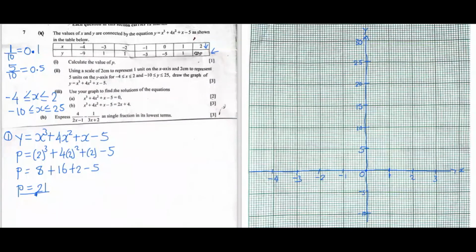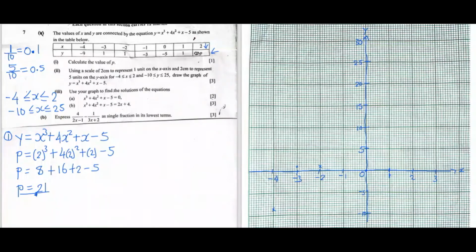Now we can start plotting. The first one is (-4, 9). So -4 on the x-axis, 9 here. Then the second one is (-3, 1). The key point is you count 2 more boxes on the y-axis to make 1. That's a pattern. Then the other one is (-2, 1), it is here.